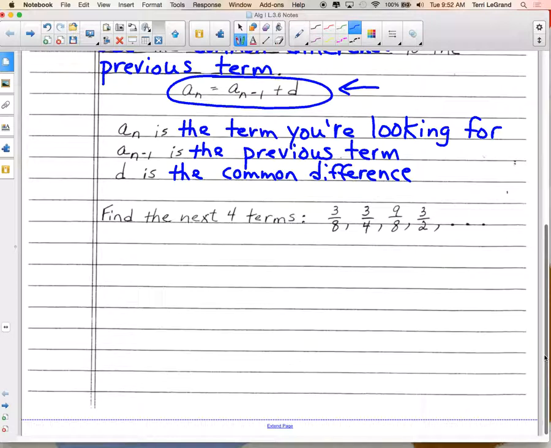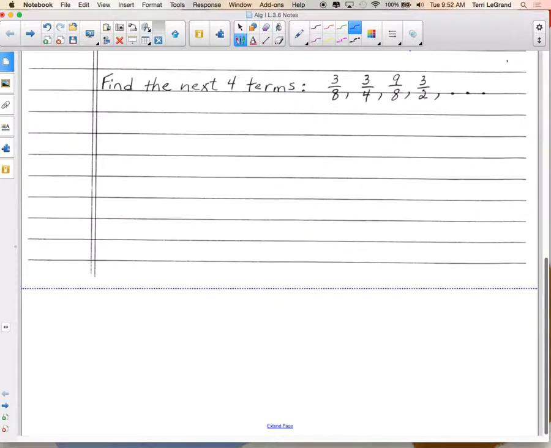Okay, now I'm not going to make you use that fancy algebraic formula that makes it look so complicated. What we're going to do is, first of all, when we find the next terms of this one, because fractions are not always nice decimals, we're just going to get in the habit of keeping them as fractions and renaming them so that they have a common denominator, since we're going to be adding or subtracting, right?